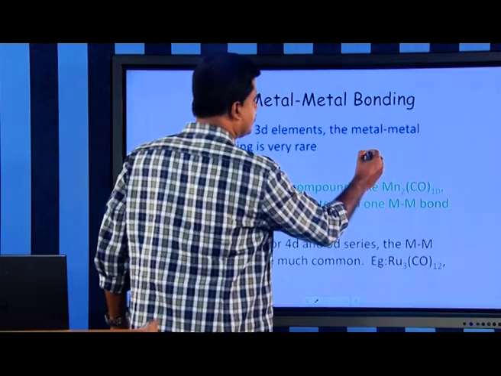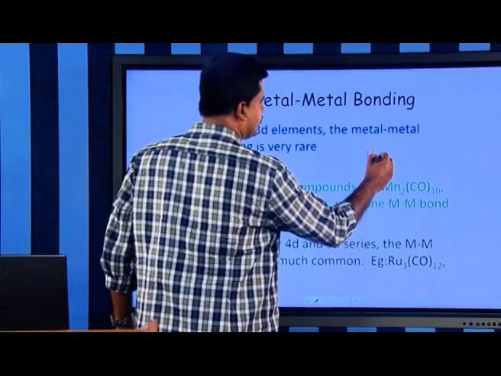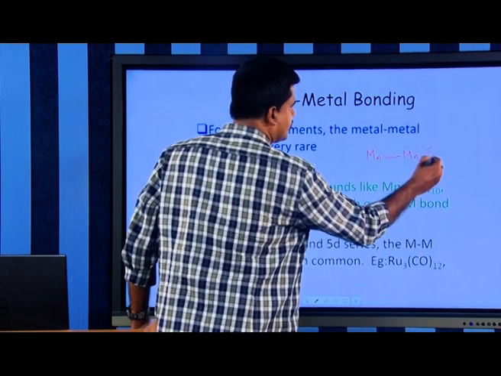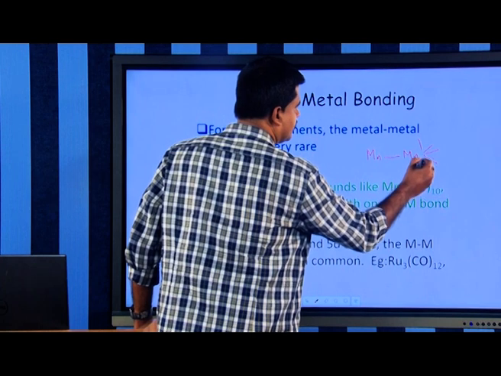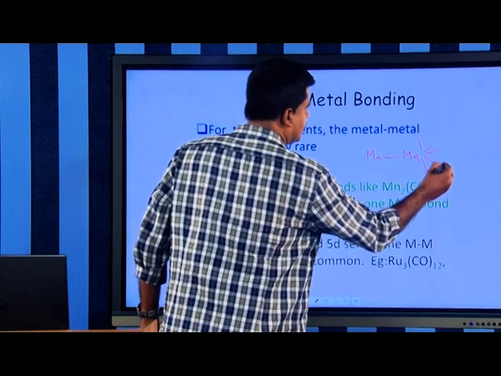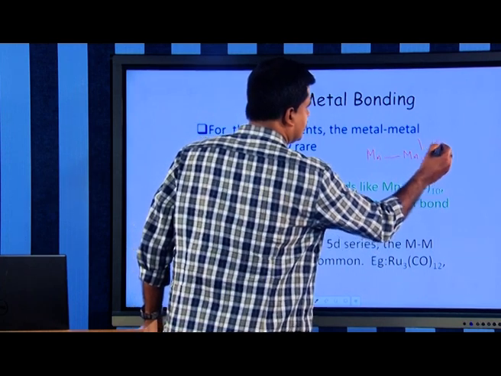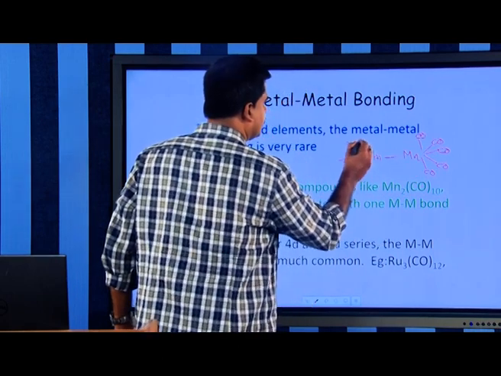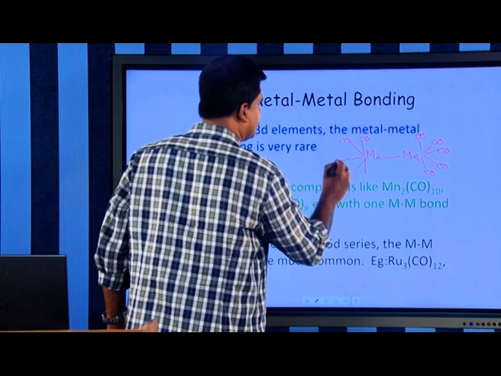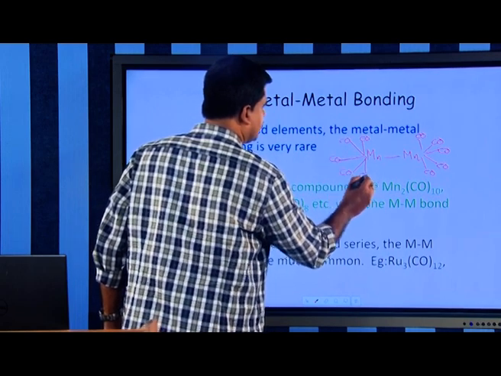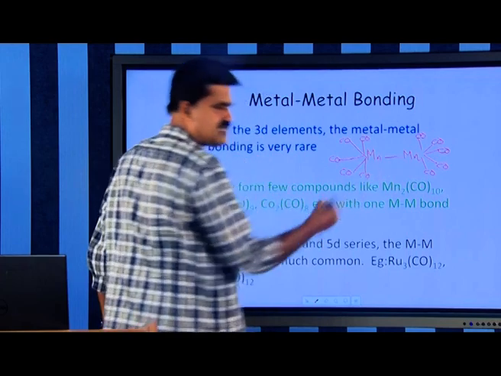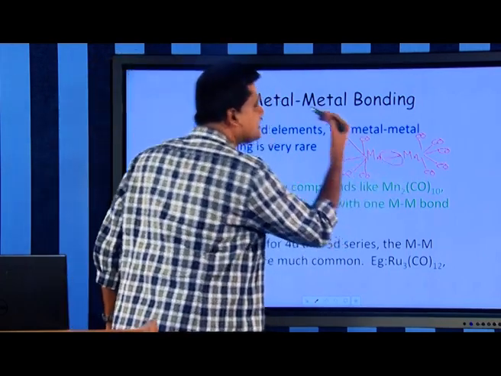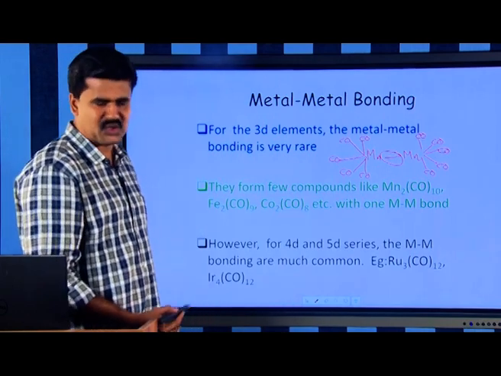I can represent the structure here. In this structure, we can see the presence of only one metal-metal bond, or manganese-manganese bond.